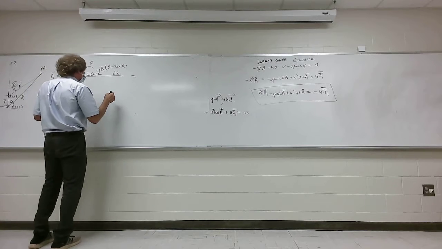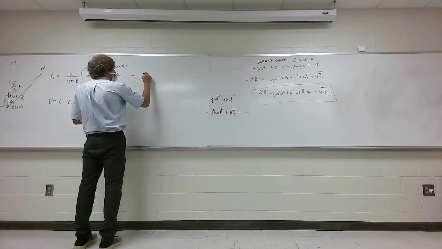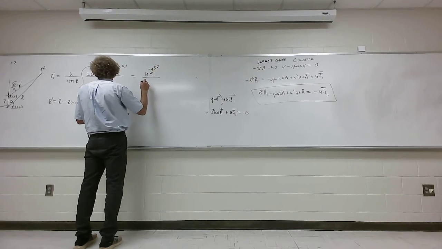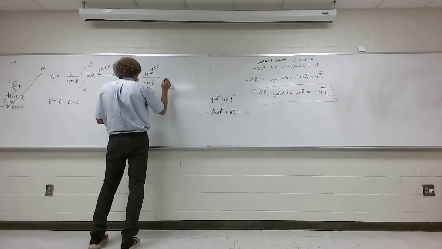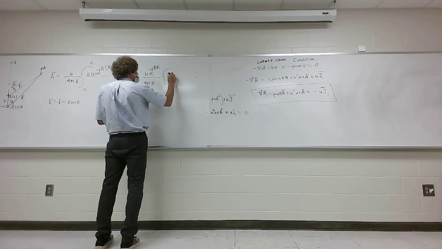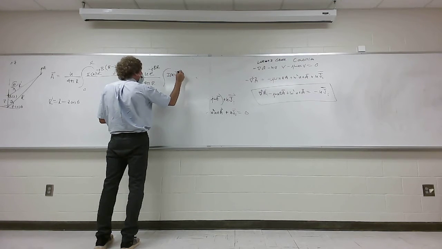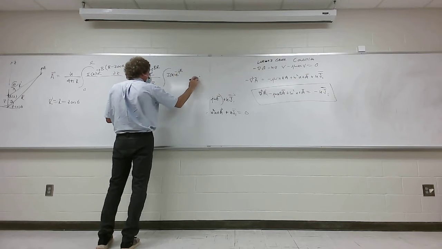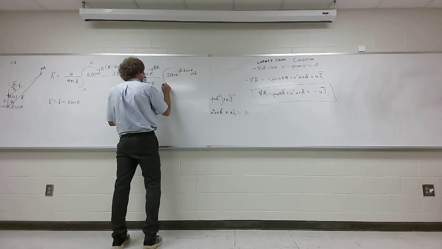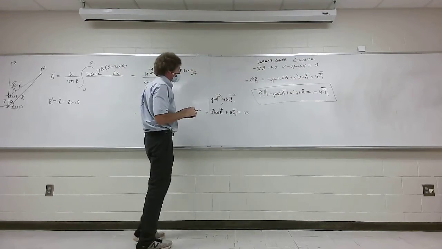And then when you get this, it breaks down to mu times e to the minus j beta r over 4 pi r right here, and then you're left with this integral of I of z times e to the minus j beta z cosine theta dz from 0 to L. That's the way in Wentworth's book he's going to have it.